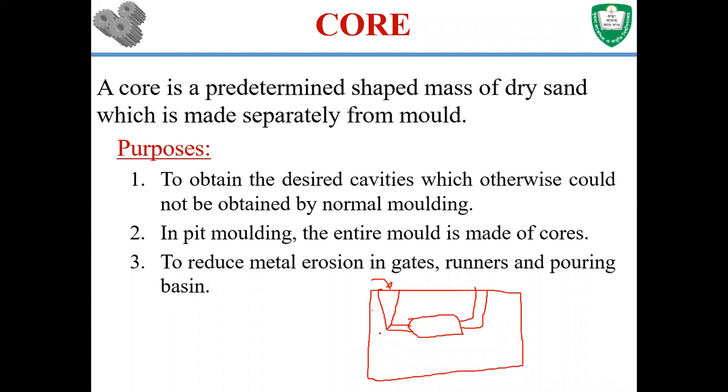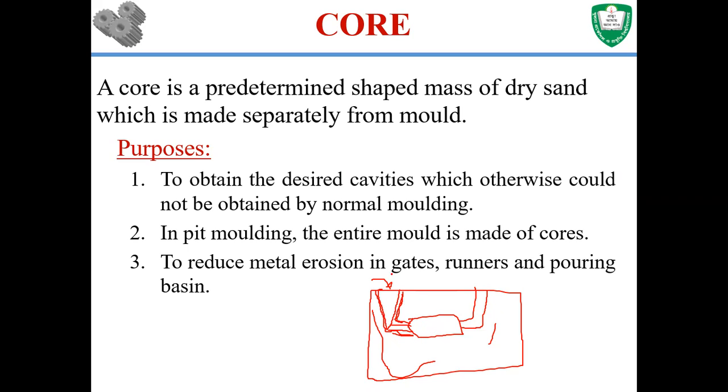All these things are sand around it. Instead of using sand, you can use cores in these positions. If you use core, the benefit is that when you pour the molten material into the cavity, there is no chance that the sands get eroded.